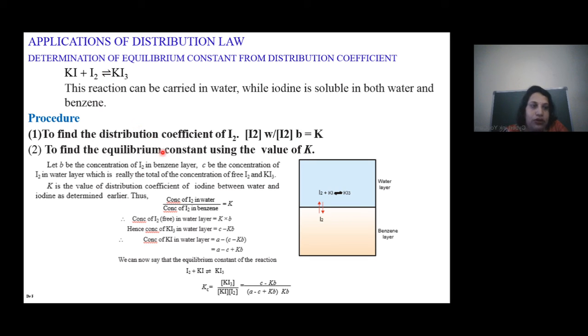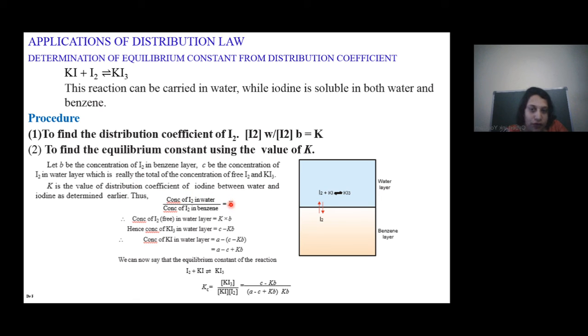What we have to do: a solution of KI is shaken with iodine in a bottle. First we determined the distribution of iodine between the solvents, but now in the second part we add KI also. As soon as you add KI, this reaction takes place along with the distribution. So we make use of the distribution coefficient, and when the reaction is taking place, we find out this equilibrium constant.